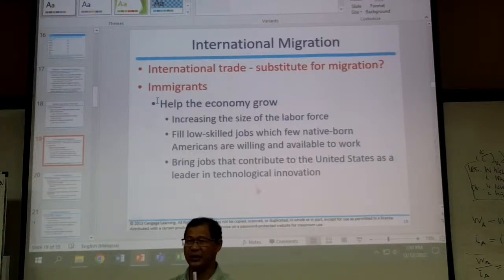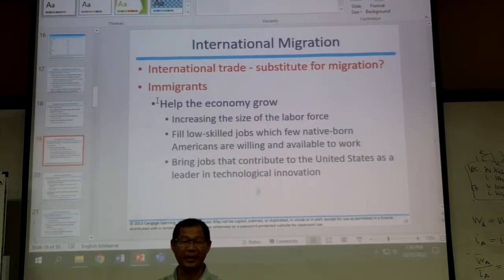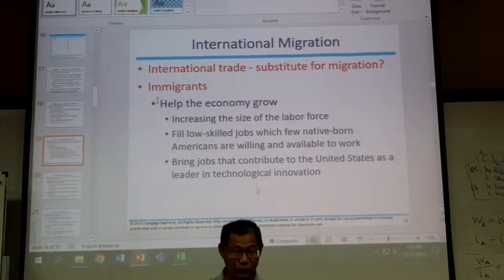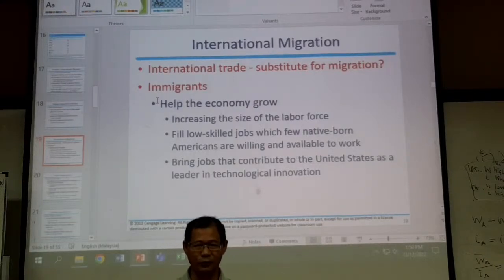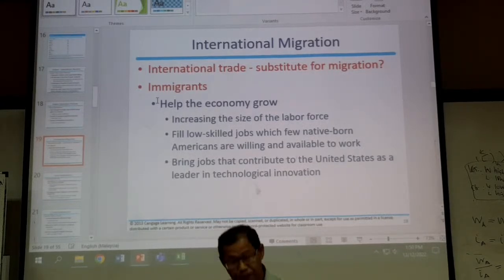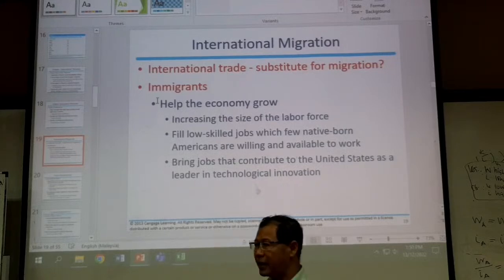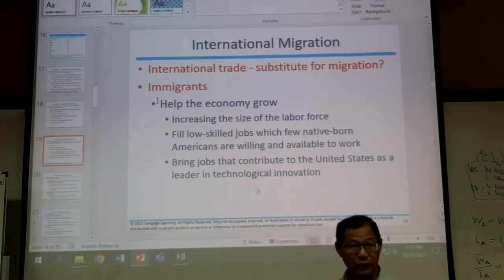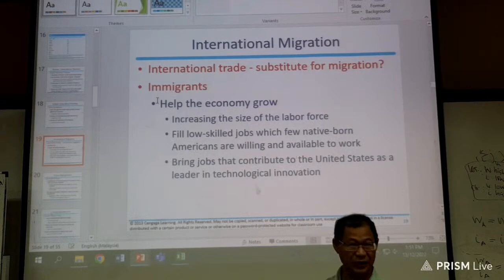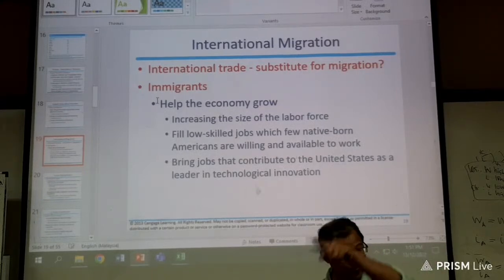So this migration will have an identical effect to trade. Suppose no trading; well, that's extreme, I want to step back from the extreme. There's trade. Now, migration is allowed. We have been assuming no migration, okay? Labor can move only within the country.